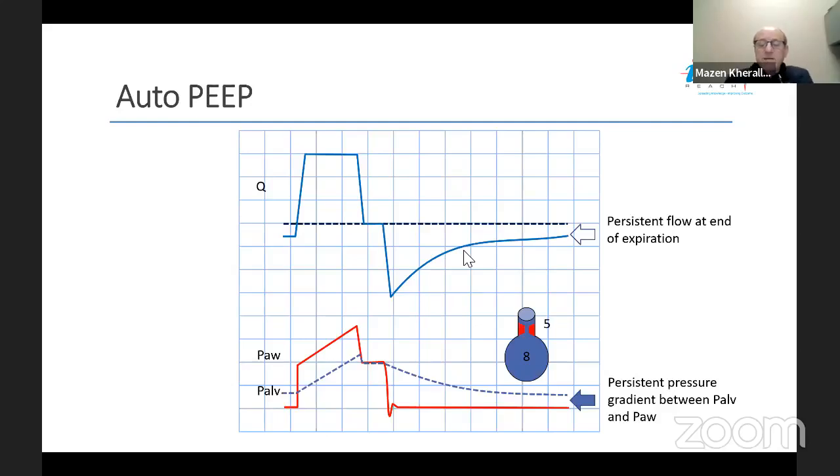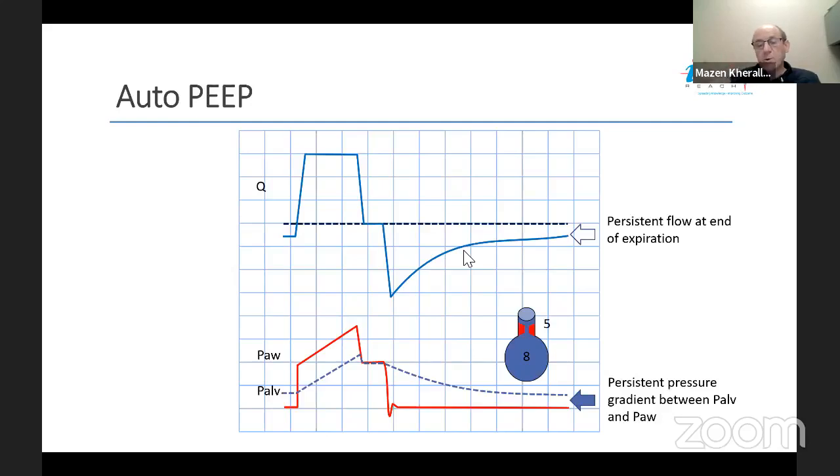No, you're going to have the same problem whether you have PC or VC. You need to look at the flow, and there's no preferred mode that would diminish or decrease the air trapping for the patient. It's the manipulation that you do on the machine. Now, I would prefer doing volume control because you can control the flow. In pressure control, you can't control the flow, and then you cannot decrease the inspiratory time.